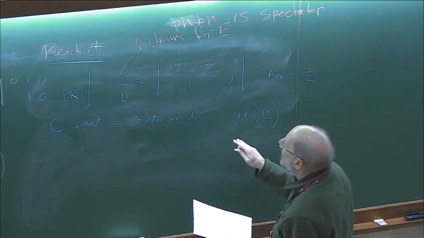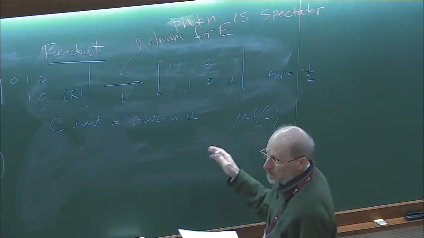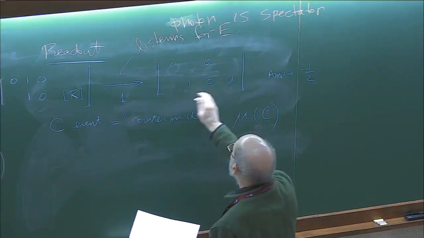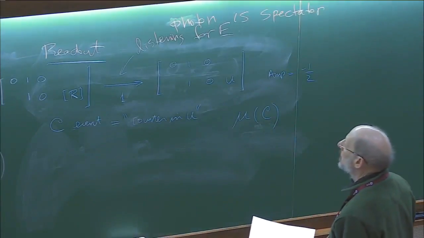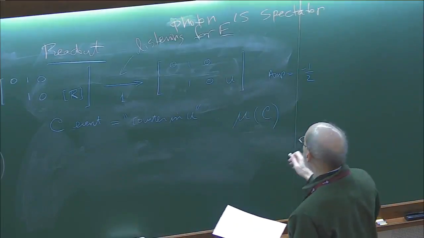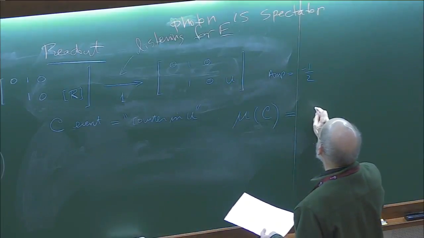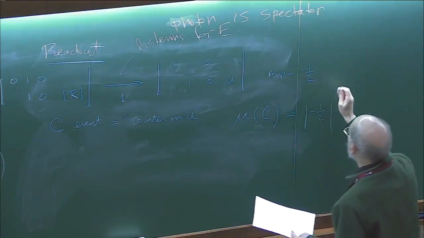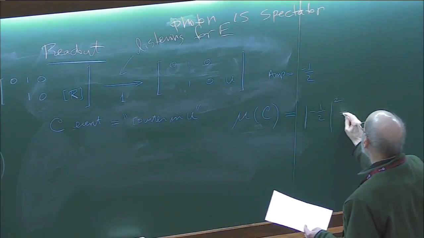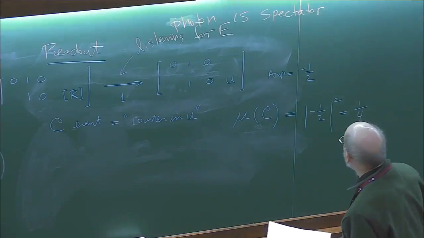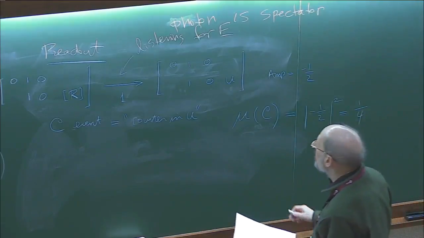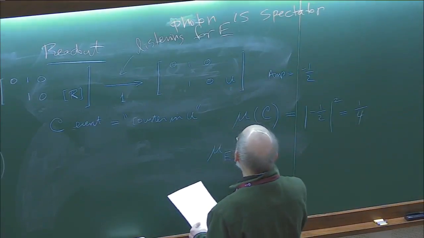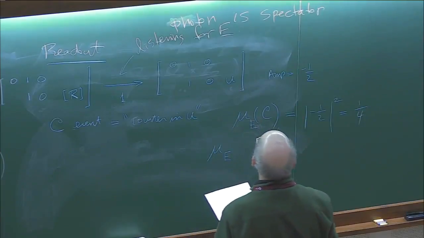Well, the click event is itself a set of histories, so we use just the usual rules for computing the quantum measure. But in this case, there's only one history of non-zero amplitude in the click event, and that's the one we've done here. When we compute it, we square the amplitude 1/2. And so the measure of the click event itself is 1/4. And so in this case, we find that the measure, and now I want to make further.